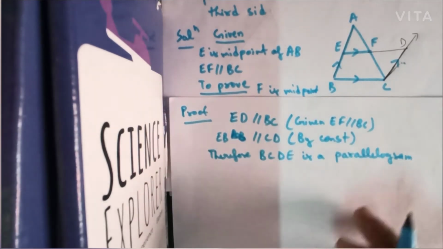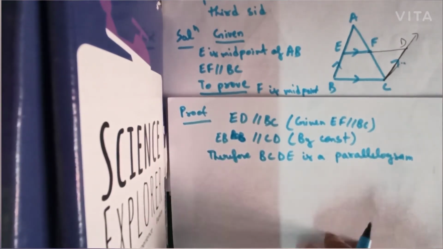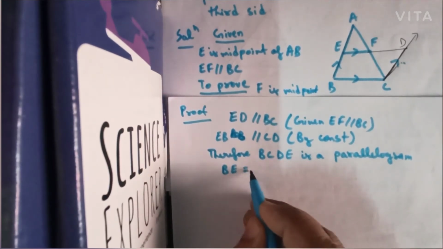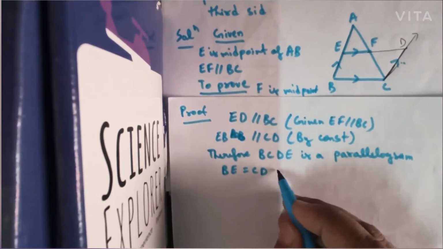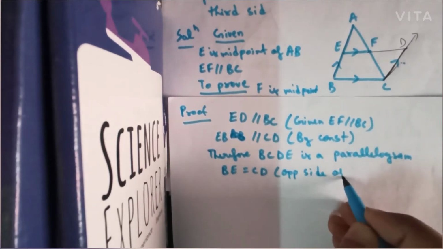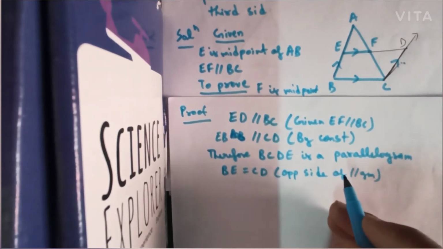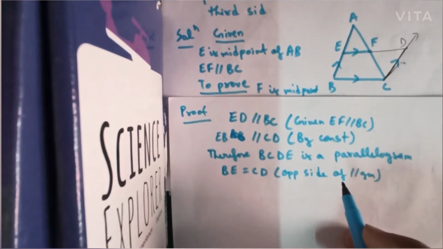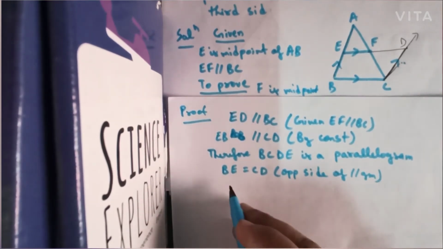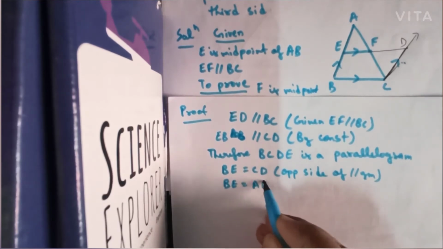If BCDE is a parallelogram, we can say that BE is equal to CD, because the opposite sides of a parallelogram are equal. And BE is also equal to AE. Why?